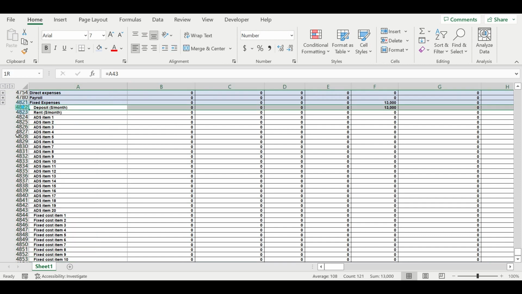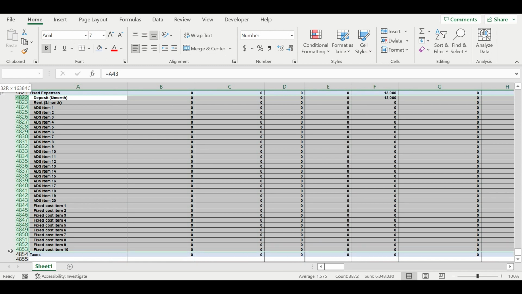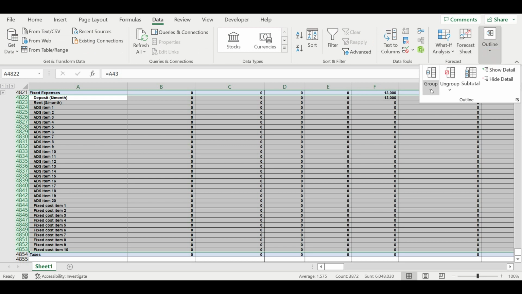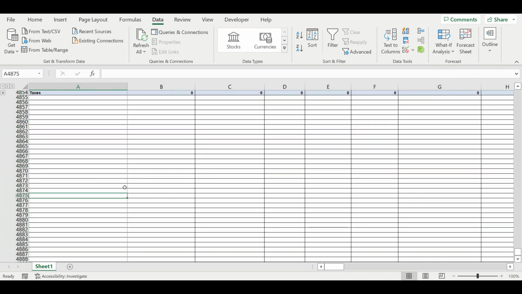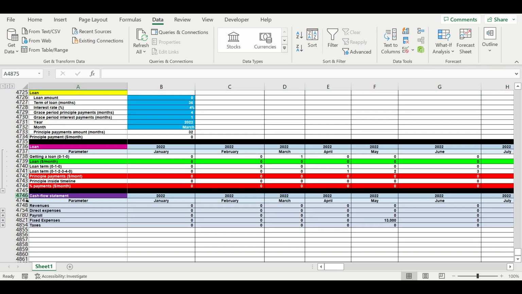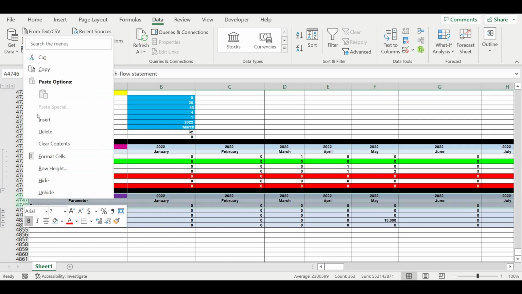We will group this block of expenses, Data, Group, and let's create a small block of inputs here for taxes.